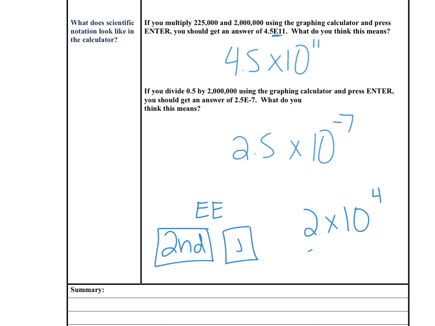And when you type it in, it should look like 2E4 when you use the second button and the comma to make it look like that. If you want, you can push enter and hopefully it will tell you that the answer to this is 20,000. There we go.